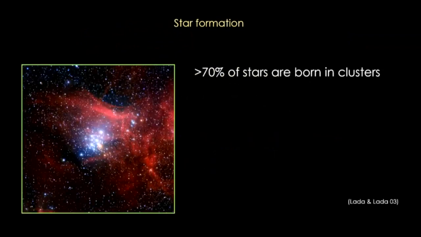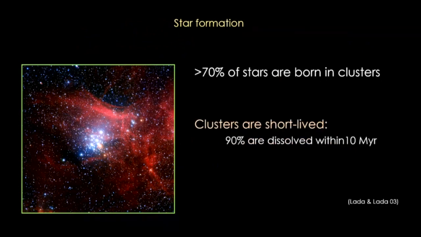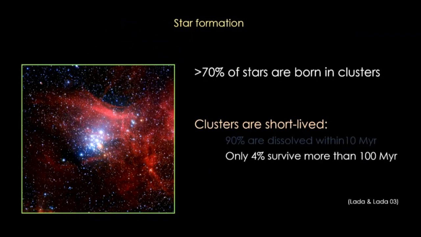Of course, we already have some clues. In particular, from the work by Lada and Lada, we know that a majority of stars form in clusters, and those clusters are short-lived. 90% of them may be dissolved within 10 megayears, and only a few percent will survive for more than 100 megayears.